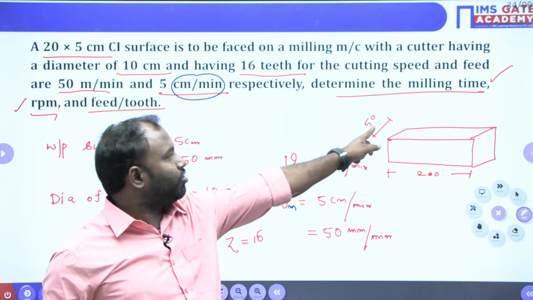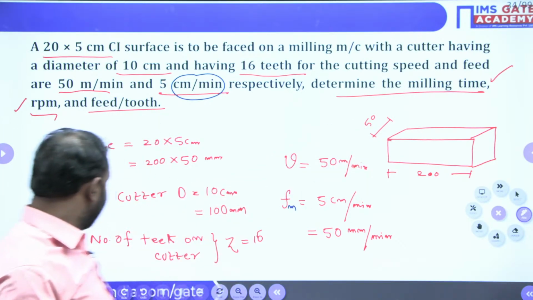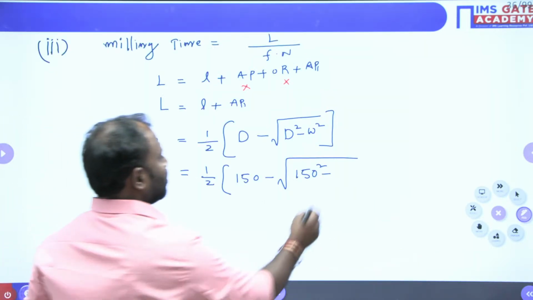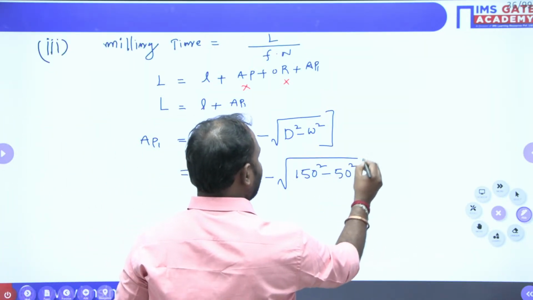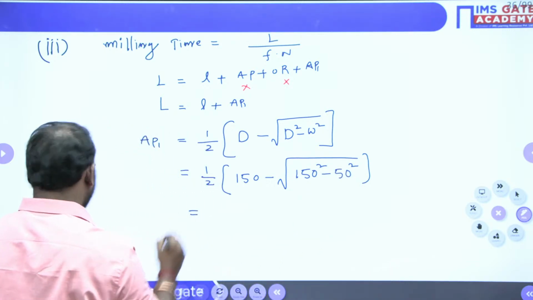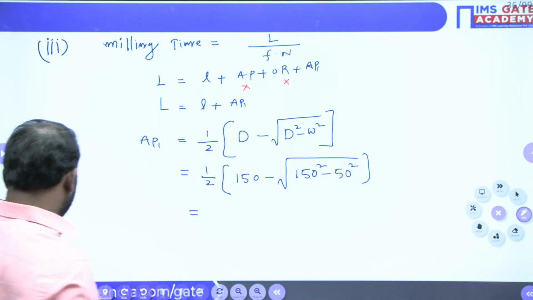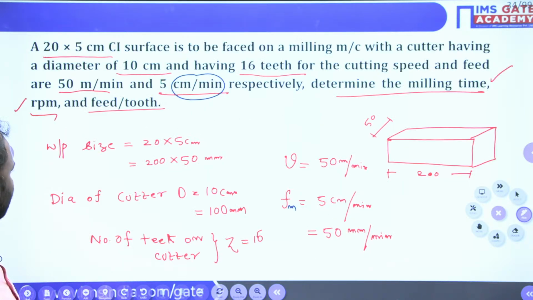W square is 50 square, the width of the workpiece. D is how much, guys? Oh my god, diameter is 100 only.